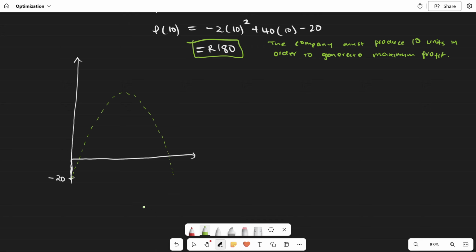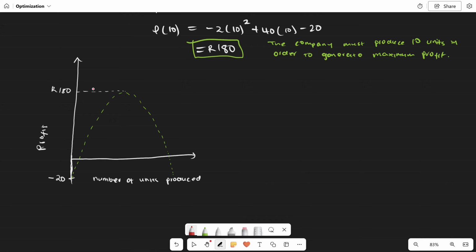At this point, this is our 180 rands. If we look at the axes, the y-axis is profit, and the x-axis is the number of units produced.